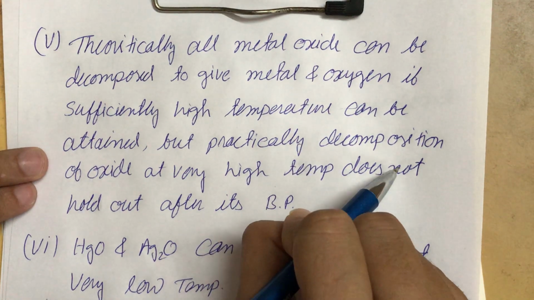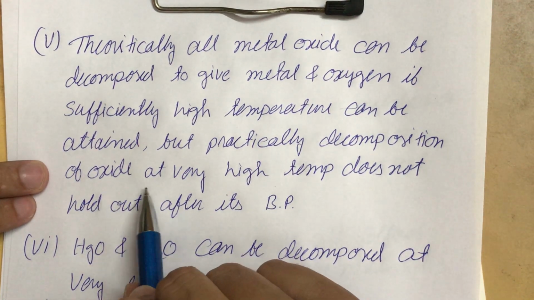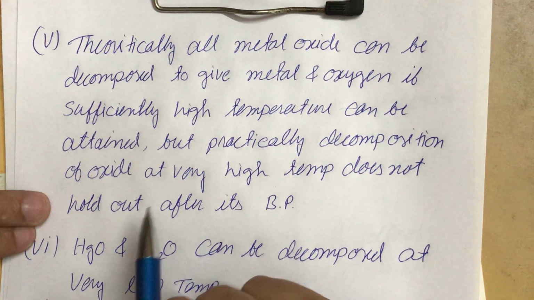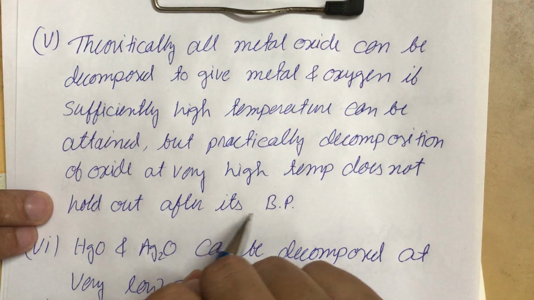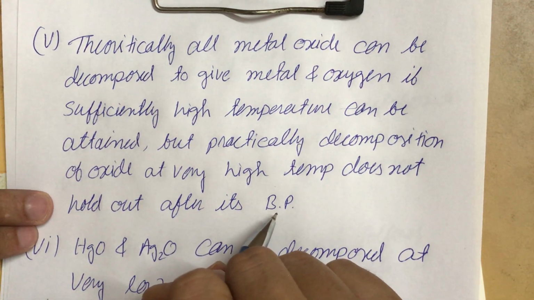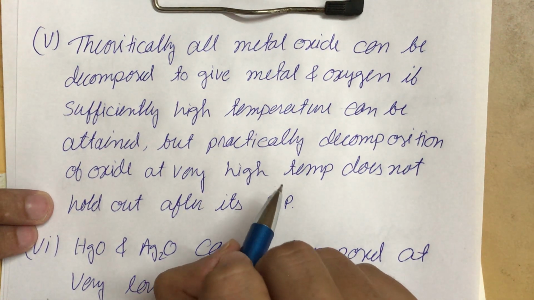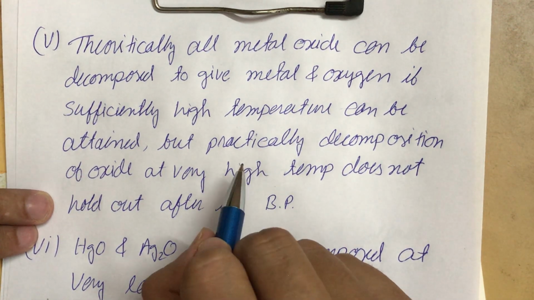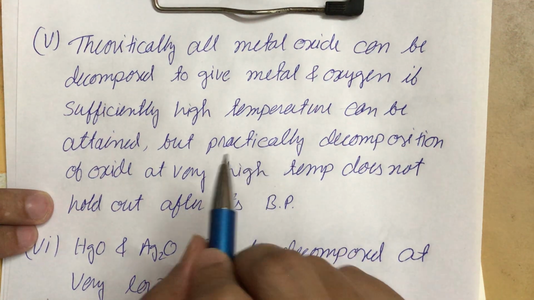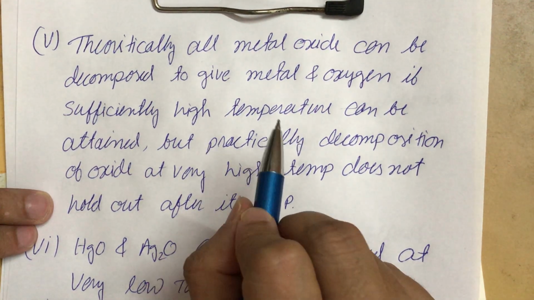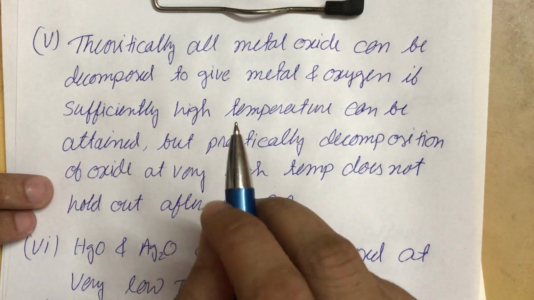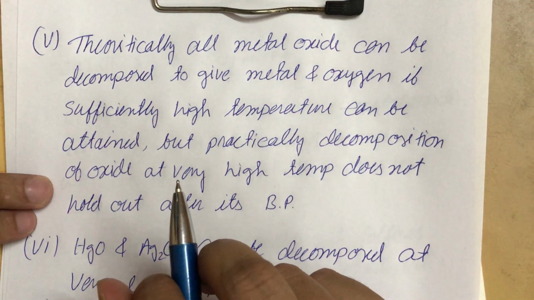But practically, decomposition of oxide at very high temperature does not hold out after its boiling point. If the desired temperature is very, very high, it may be possible that the metal oxide will melt before converting into its metal and oxygen.